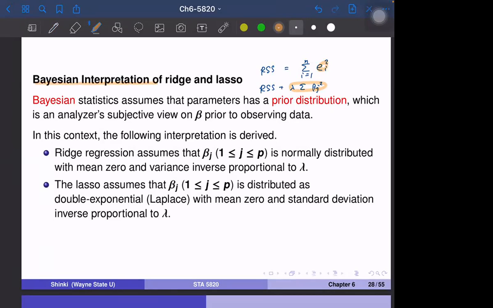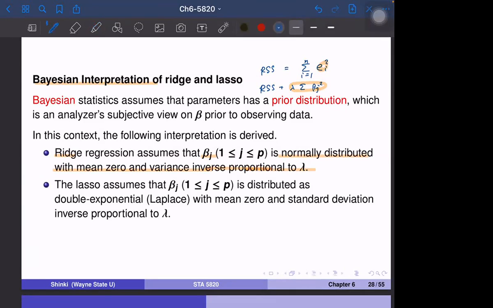In the Bayesian scheme, everything is random. The parameter is not deterministic, but random, and we only estimate the distribution of beta. Under the Bayesian scheme, ridge regression is equivalent to assuming beta j is normally distributed with mean 0 and variance inversely proportional to lambda.